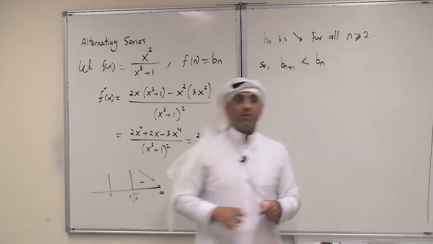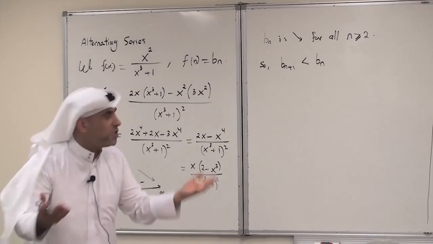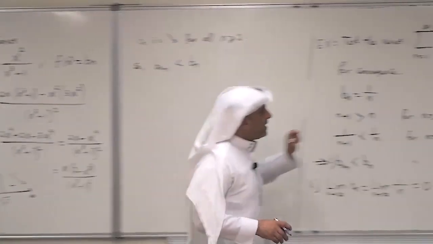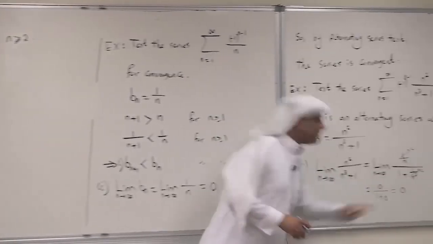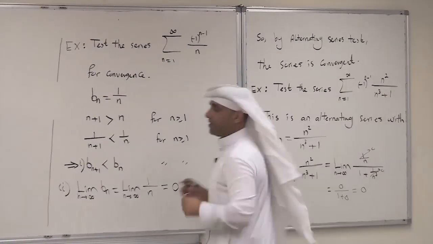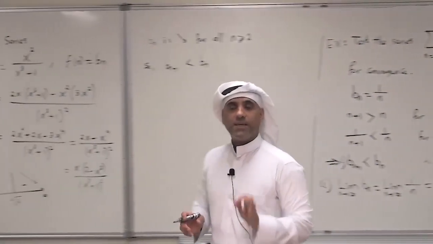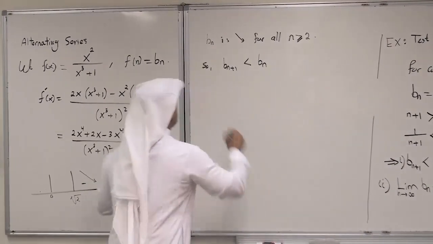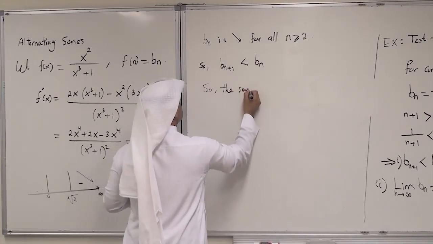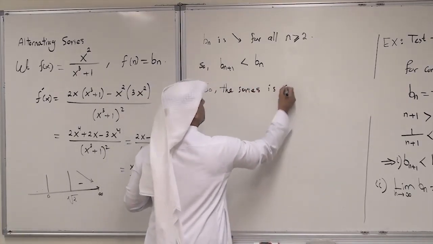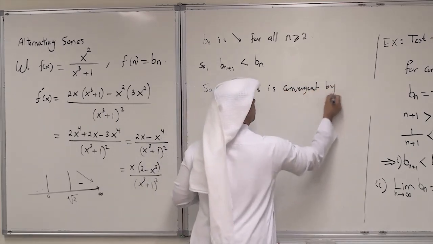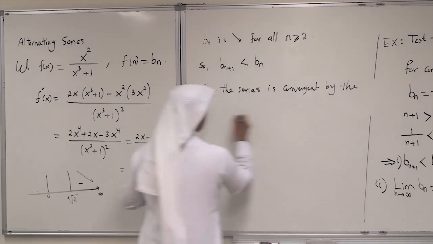Still, you can use what we call the alternating series test. What is the conclusion now? We have a decreasing sequence, and its limit as n goes to infinity equals 0. We have an alternating series. So the answer is, by the alternating series test, the series is convergent.